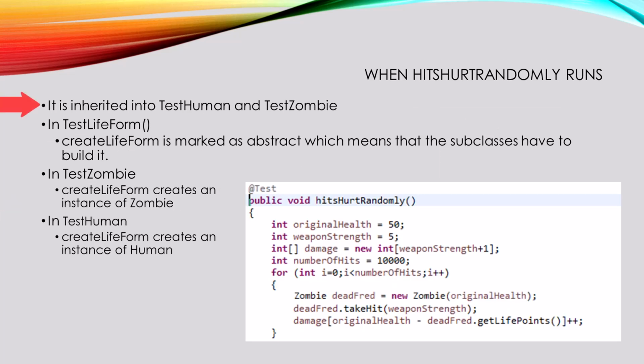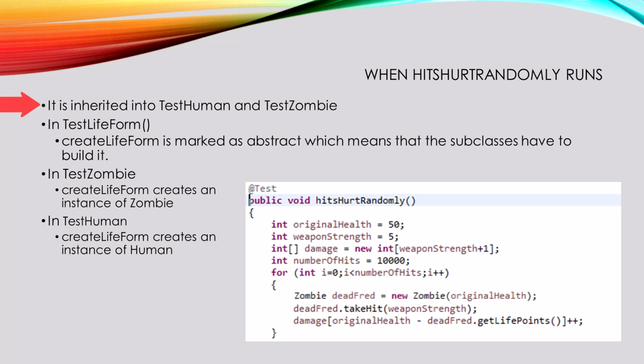Test hits hurt randomly gets inherited into both test human and test zombie. As it was originally written, the object that it tests is dead Fred, and we create that object with new zombie. When that gets inherited into test human, it'll still be testing on a zombie object. That's not what we want.